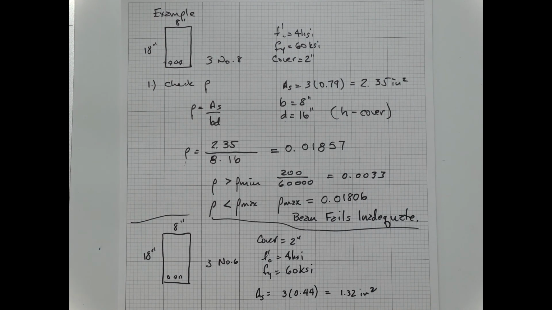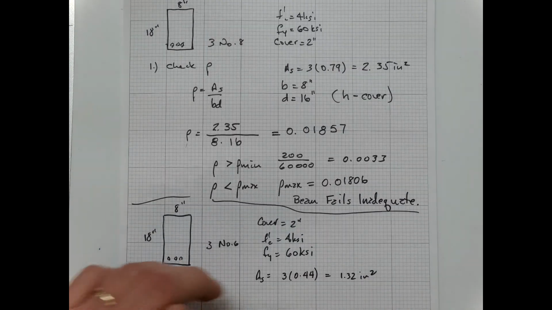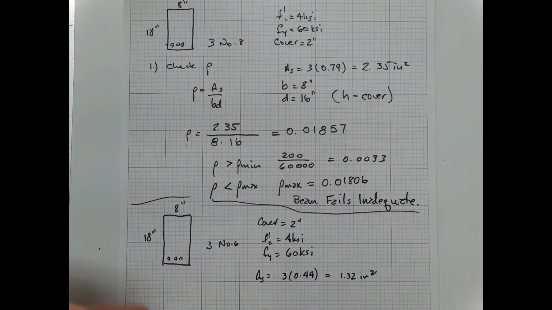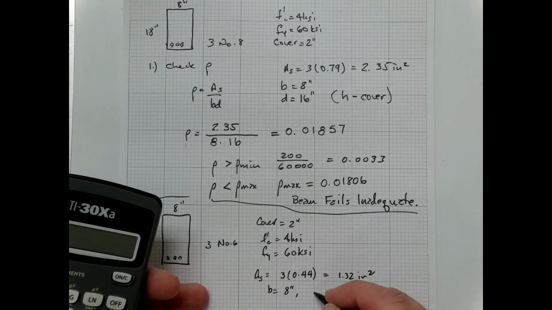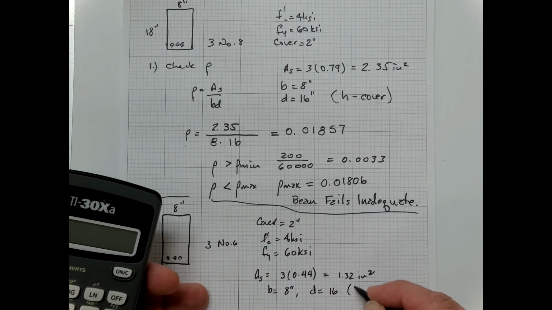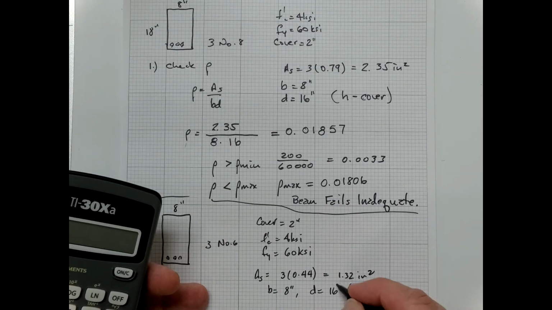So we're going to continue on with our example. A sub s is equal to 1.32 square inches. B is equal to 8 inches. D is still 16, which is h minus the cover.